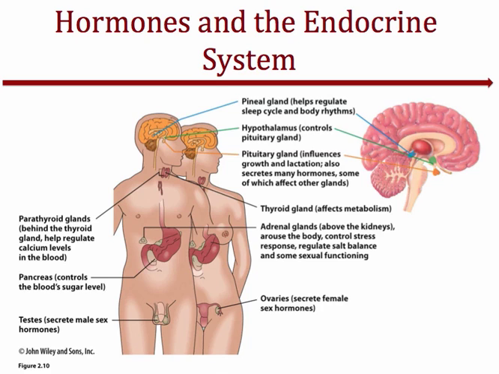Some of the major glands in our body include the pineal gland, which is involved in regulating our sleep cycle and what are called circadian rhythms. There's a structure in our brain called the hypothalamus as well that helps to control the pituitary gland, which also influences things like growth and lactation.